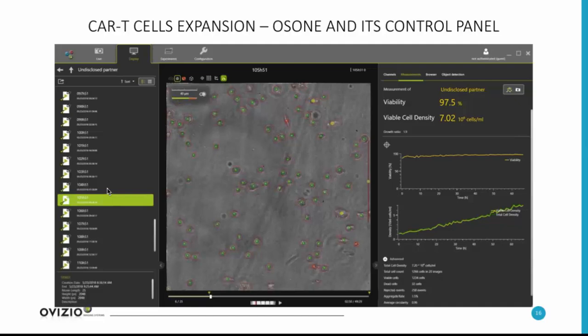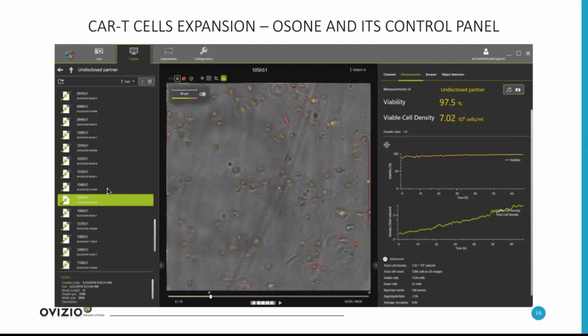Whenever there is an aggregate, you can see a very big yellow dot, which indicates an aggregate, and tiny yellow dots, which indicate the amount of cells within the aggregate. And that will be shown in the total analysis as well.